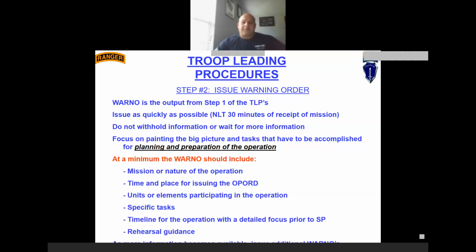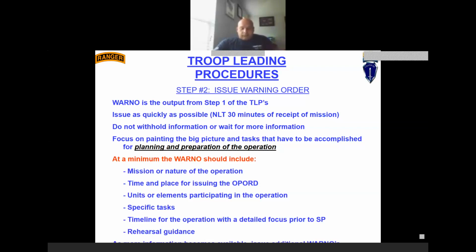Any questions on that? So, the key thing is 20 minutes. You're doing this hasty. Within 30 minutes, you're issuing that warning order to your troops.